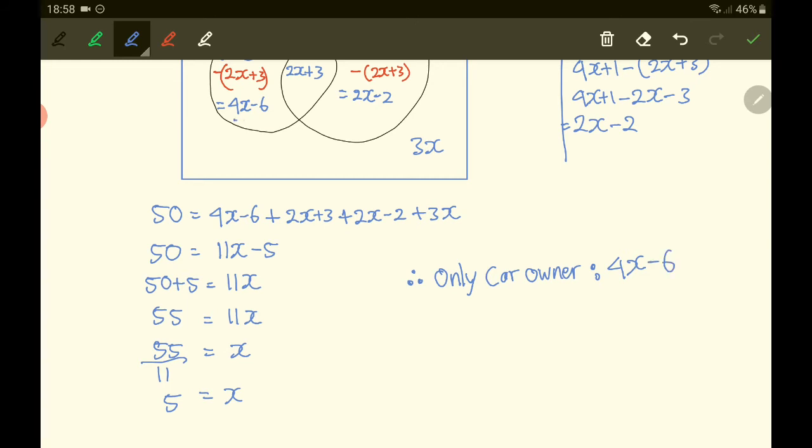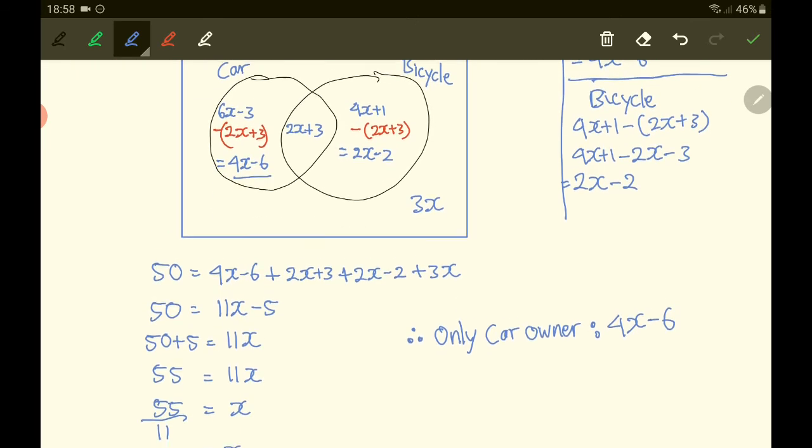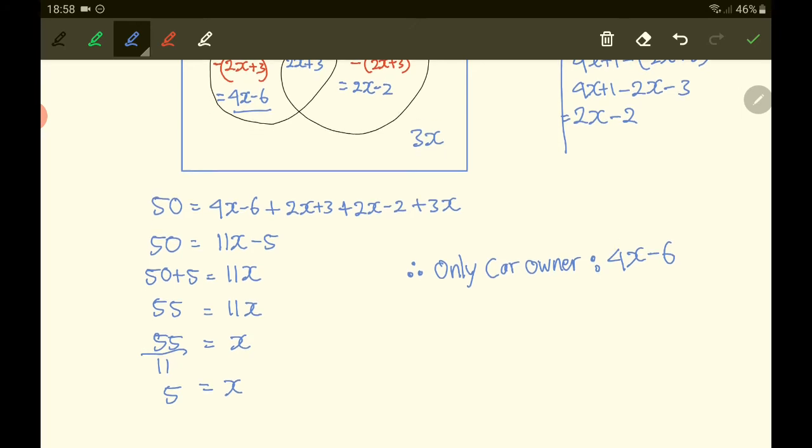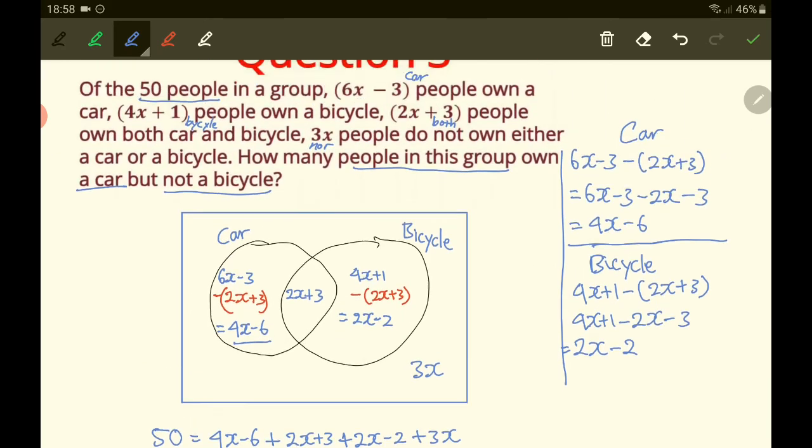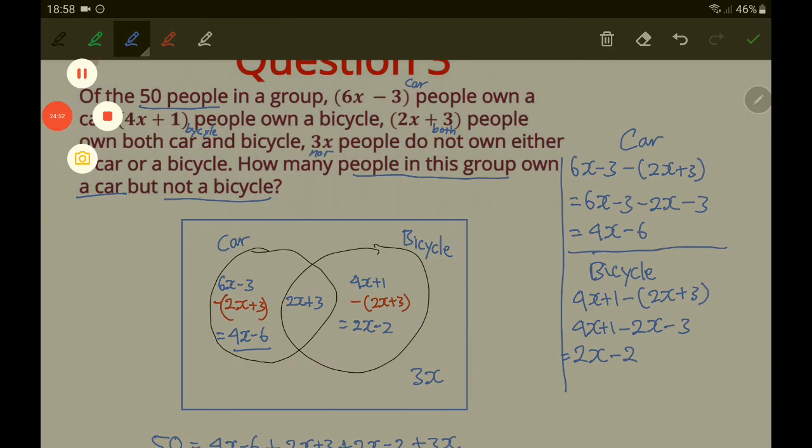You can see it from here. This is 4x minus 6. So we can just substitute the value of x as 5. So we have 4 times 5 minus 6. So we got 20 minus 6. So this one is 14 people. This is the answer, I think, for number 3.